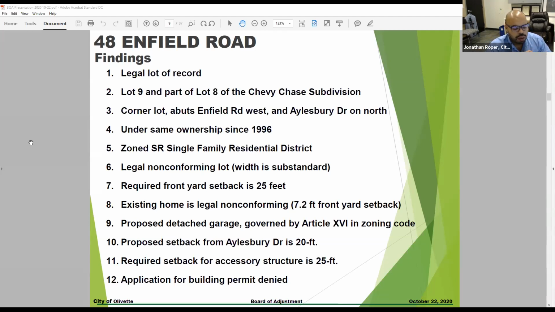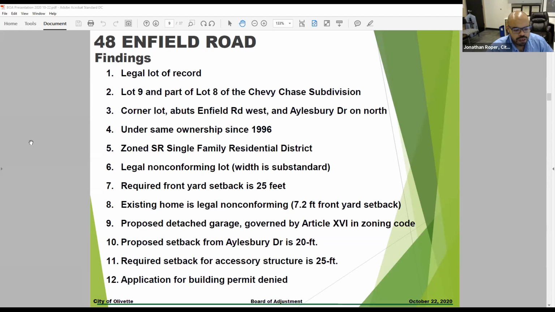The required front yard setback is, again, on Aylesbury, 25 feet. The existing home is legal non-conforming with this front yard. The home is 7.2 feet between the property line on Aylesbury and the house. The proposed detached garage is governed by Article 16, accessory structures and uses, of Chapter 400 in the zoning code.